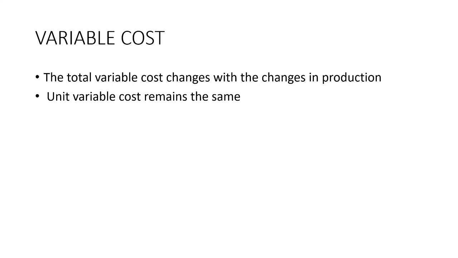That is, the total variable cost changes with the changes in production. We have seen in our example that as we produce more units, the total variable cost also increases. The next is the per unit variable cost remains constant. The cost of 1 unit remains the same, isn't it? In our example, the material cost per unit was rupees 10. It remains the same.